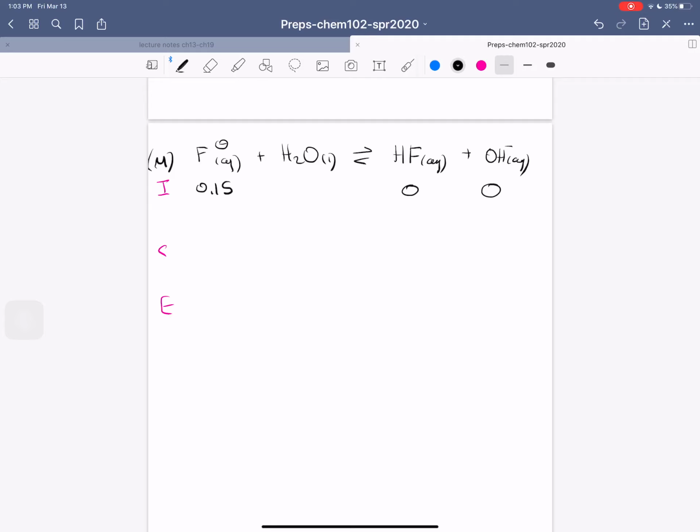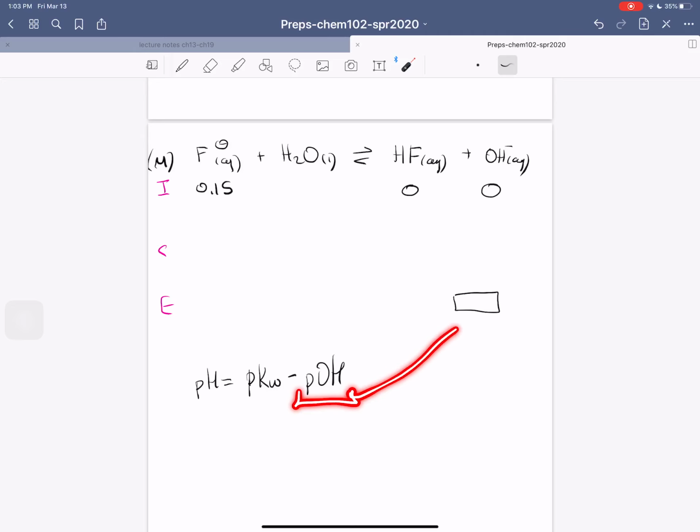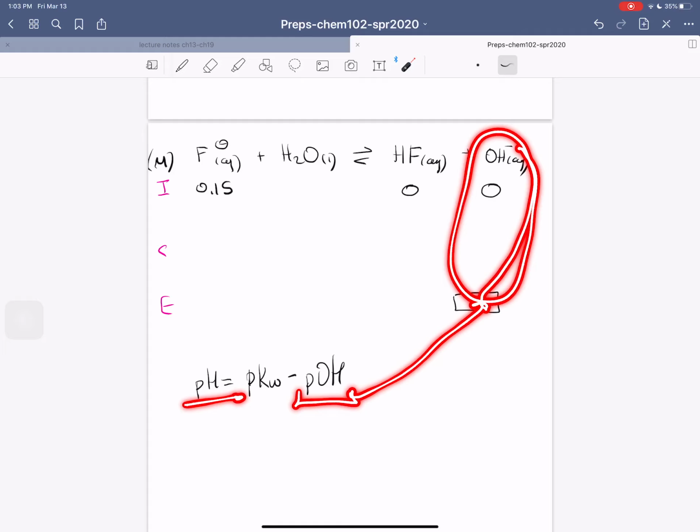So then, to calculate the pH, remember pH is equal to pKw minus pOH. And when I'm talking about all this pH and pOH, it is all concentrations of H plus and OH minus at equilibrium. And if I know the concentration of OH minus at equilibrium, I can calculate the pH of this solution, right?